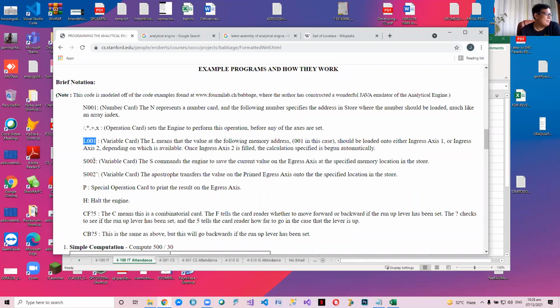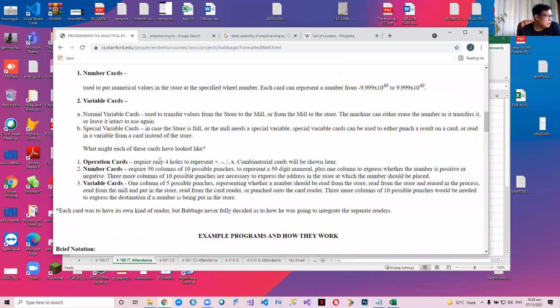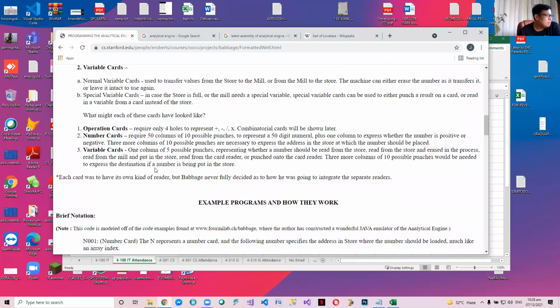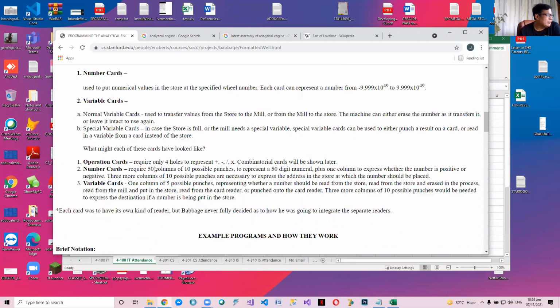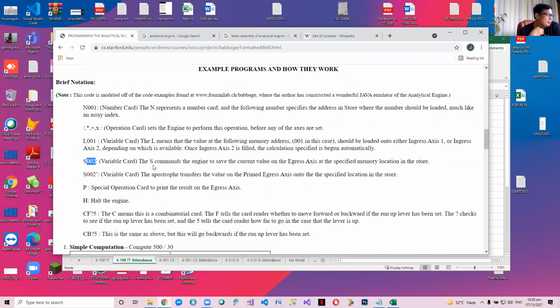S002 is save. What kind of card is this? Operation card. S002 means store, which means transfer a value from the egress or ingress axis into the store. For example, S002 means transfer the value of the egress to location 2. 2 is an address in memory.